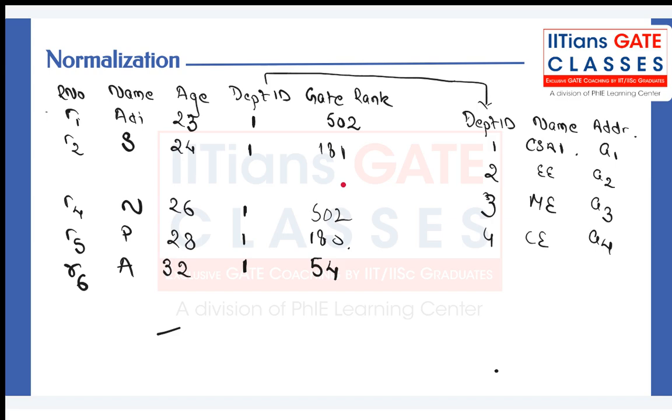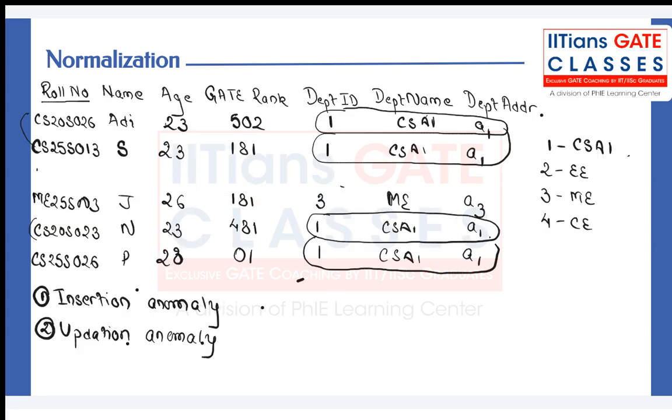Okay. Do you understand the thing, everyone? Do you understand what I'm trying to say here? Okay. So this is also called deletion anomaly. So what are the three anomalies because of which you need to do normalization?